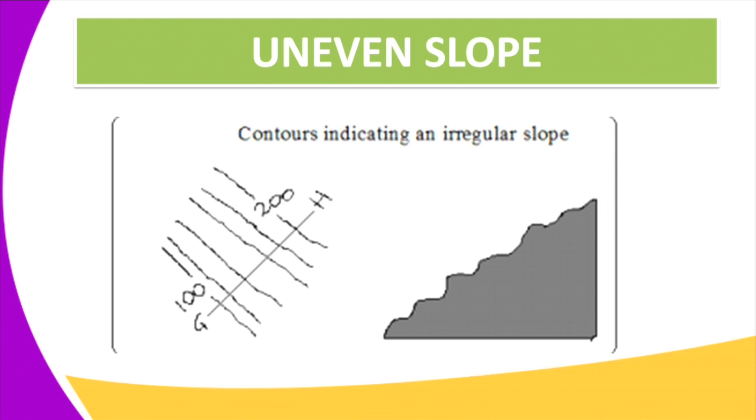When you look at the image on our left, from G to H, where you have the 100 meter, the first two contour lines, the first contour line is close to the other, while the next two, they are wide apart. So this shows that it is unevenly spaced. And when you look at the image on the right side, it will result in this kind of image. This slope will not be regular, it is not gentle, so it is an irregular slope.